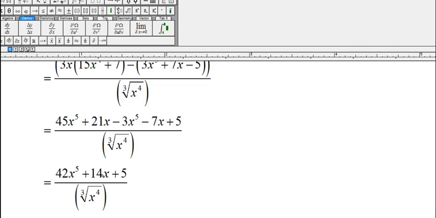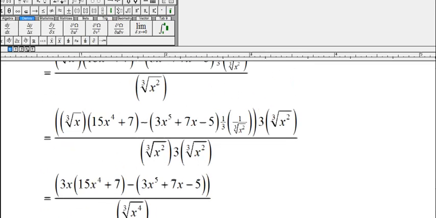And then plus 5. And the cube root of x to the fourth, the power is bigger than the root, so we divide by the root and we get 1. So this is x to the first power, and then the remainder of 1 power remains there, x times the cube root of x. Let's see how closely that looks to what we did before.